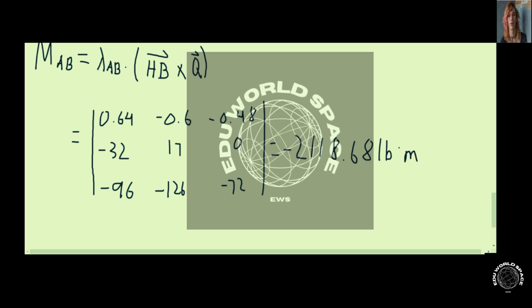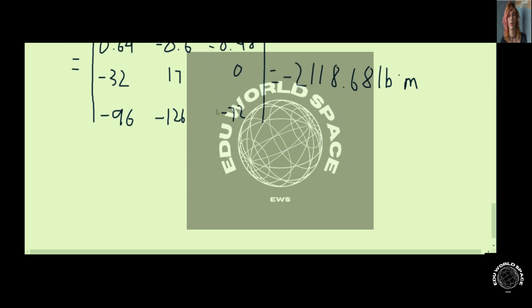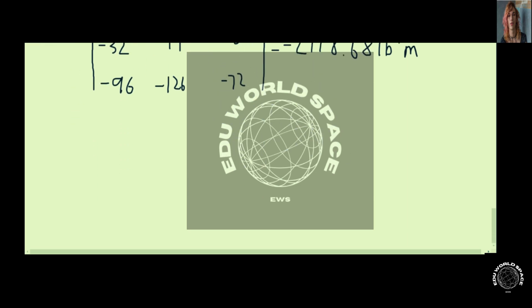And we now have all we need to solve for the perpendicular distance. So we can write out the formula. Moment of AB is equal to Q times the sine of theta times the distance D. So we know everything except for D. So we plug in everything.